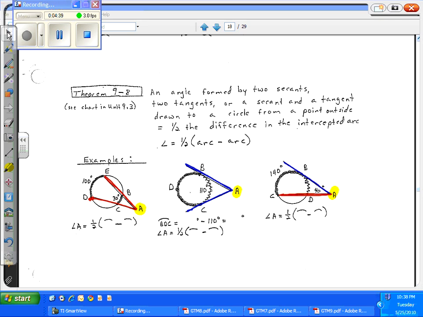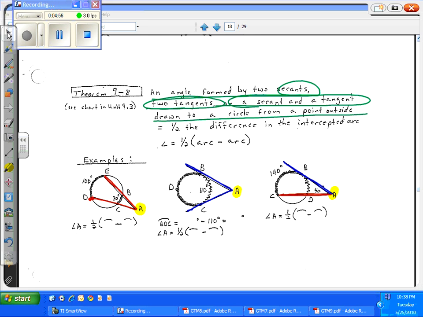So we could have two secants, two tangents, or a secant and a tangent. An angle formed by two secants, two tangents, or a secant and a tangent drawn to a circle from a point outside is equal to 1/2 the difference in the intercepted arcs.